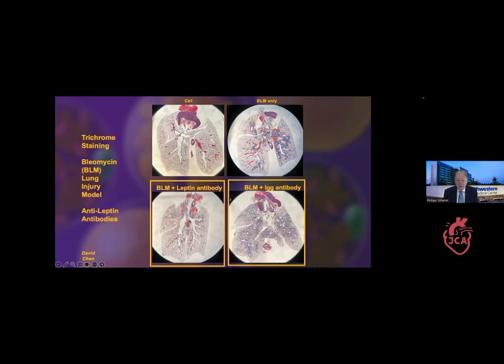And you can see here, when we treat these bleomycin-exposed mice with a neutralizing leptin antibody, there is a dramatic decrease in the fibrosis that prevails in the control mice with the IgGs. So an unsuspected, but physiologically very important action of leptin.